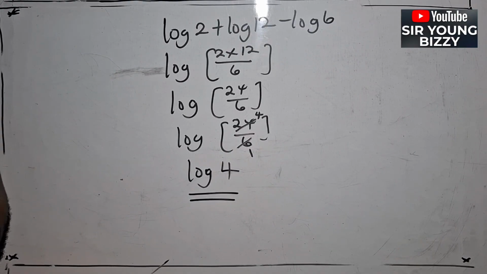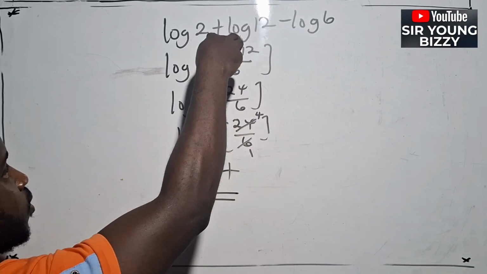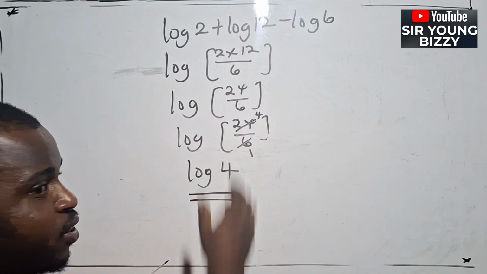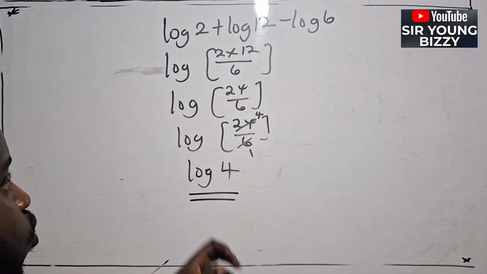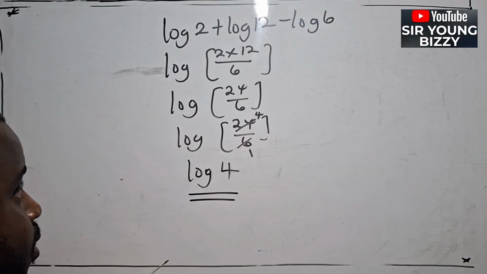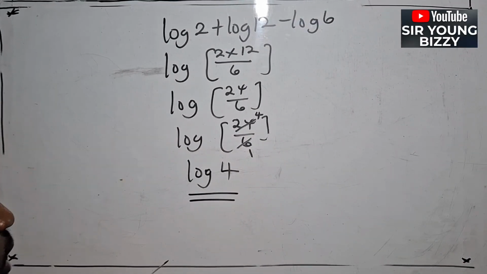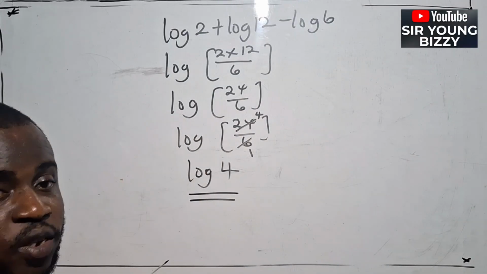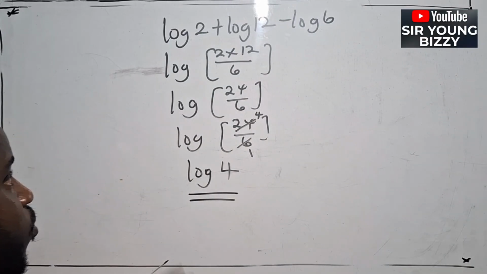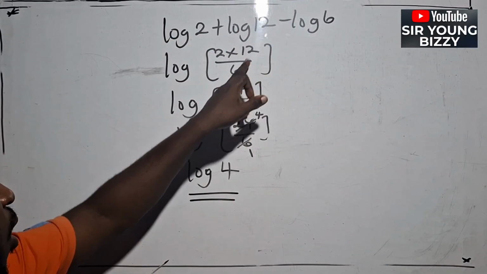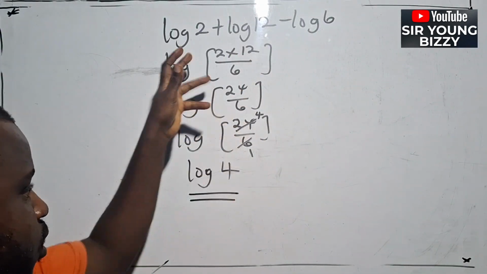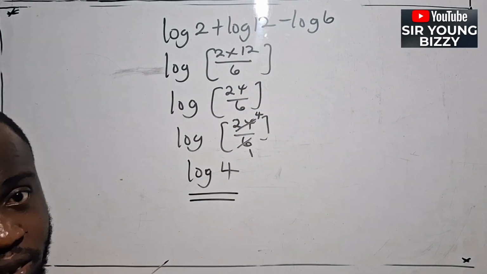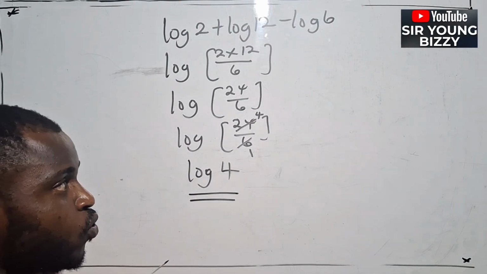The addition is a multiplication, then the subtraction is a division. So the laws are there. You can learn them and understand that the indices we learned are the opposite of logarithm. So you multiply, then you divide by 6, then you solve. So log 4, because we are asked to express the answer as a single logarithm.